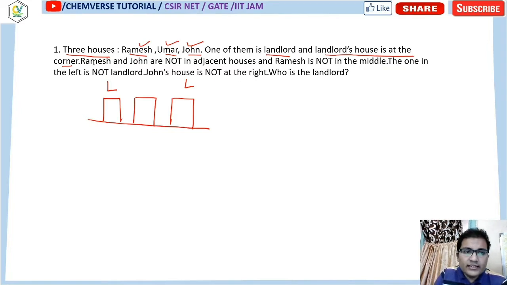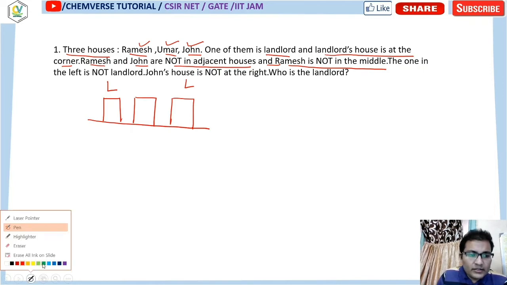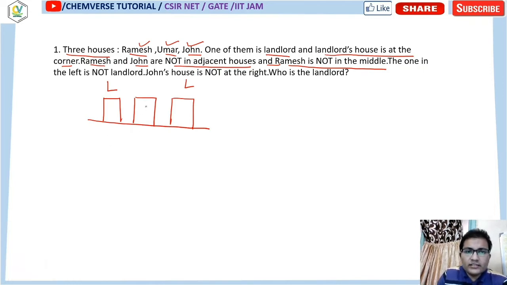Now it says that Ramesh and John are not in adjacent houses and Ramesh is not in the middle. So Ramesh is either in the left side or in the right side. And it also says that Ramesh and John are not in two adjacent houses.